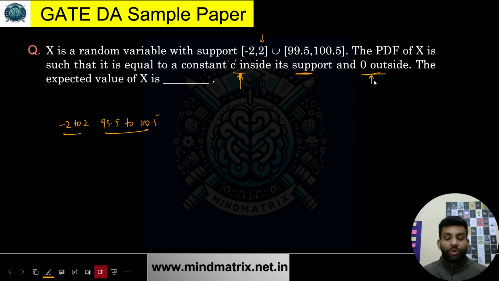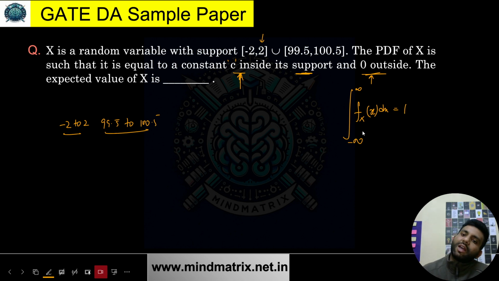I hope you know; if you don't, you should brush up on these concepts. Whenever we have a PDF, always remember the integration over the whole range is going to be 1. When I integrate the distribution function throughout the possible range, I will always get 1.